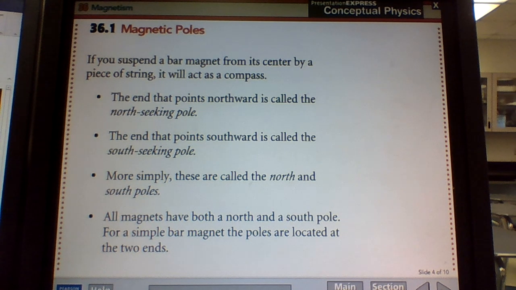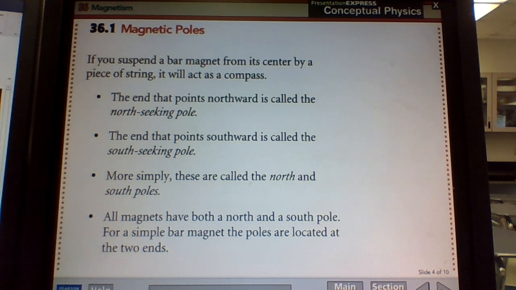More simply, we just call these the north and the south poles. But all magnets will always have a north and a south pole. If you break a magnet into smaller and smaller pieces, each of the smaller pieces has a north pole and a south pole.